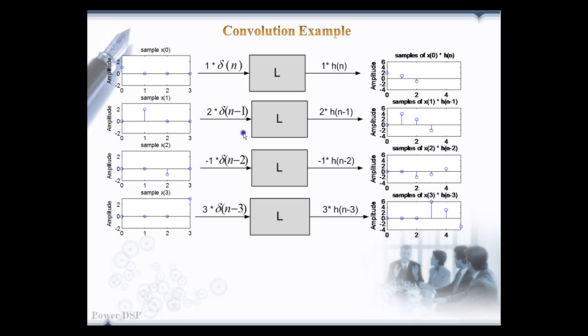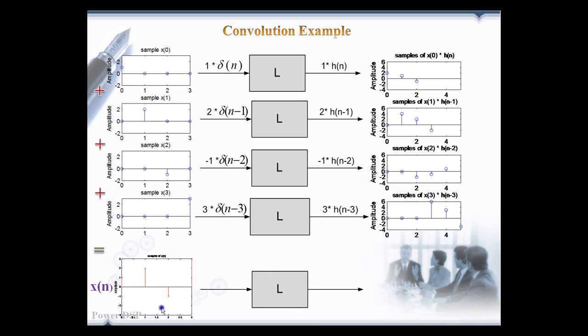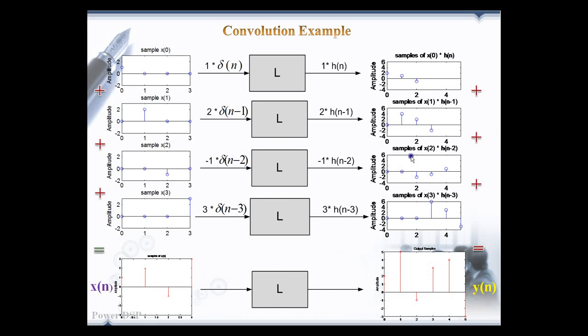Similarly, we can write the remaining samples in terms of scaled and shifted versions of the unit impulse, and we can easily find the outputs using scaling and shift invariant property. Finally, if we add all the samples, we get our original x of n, and we can find the output y of n by adding all these outputs.